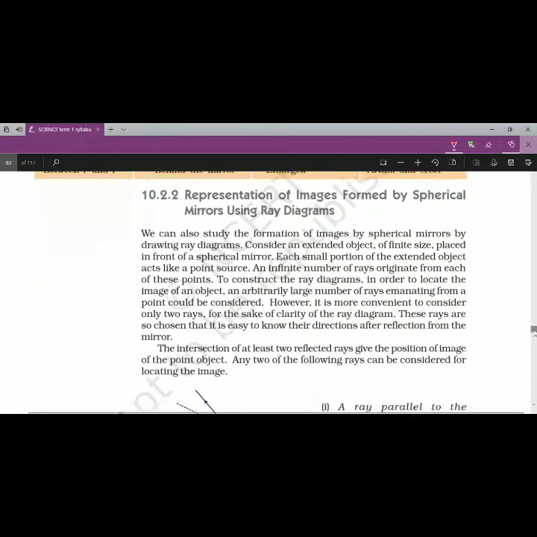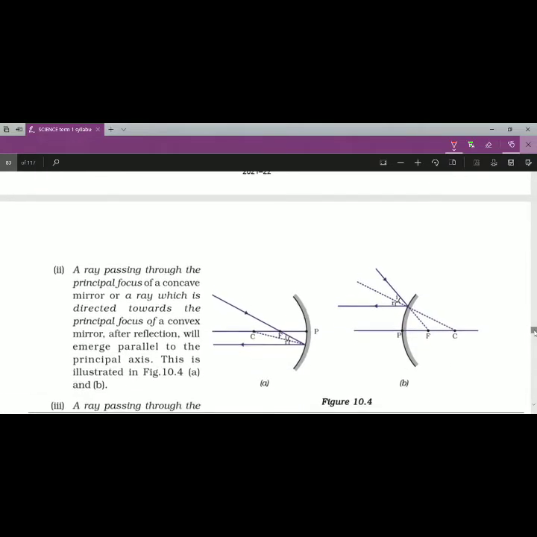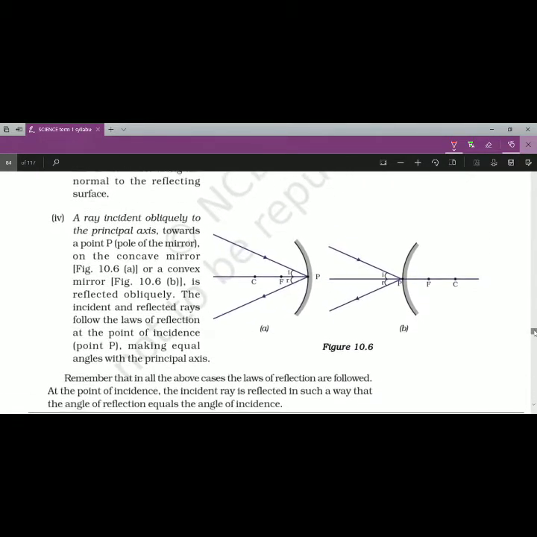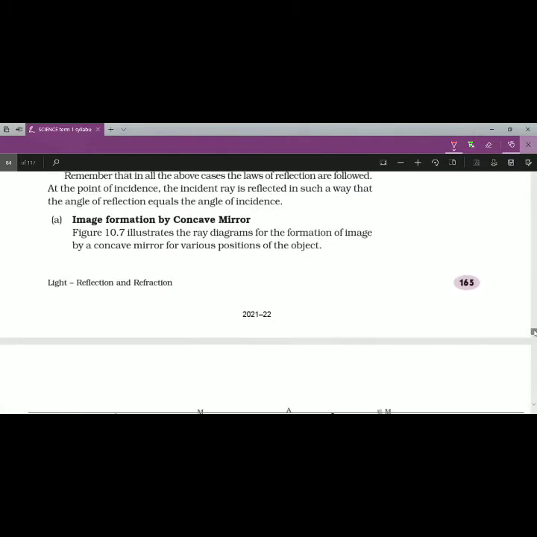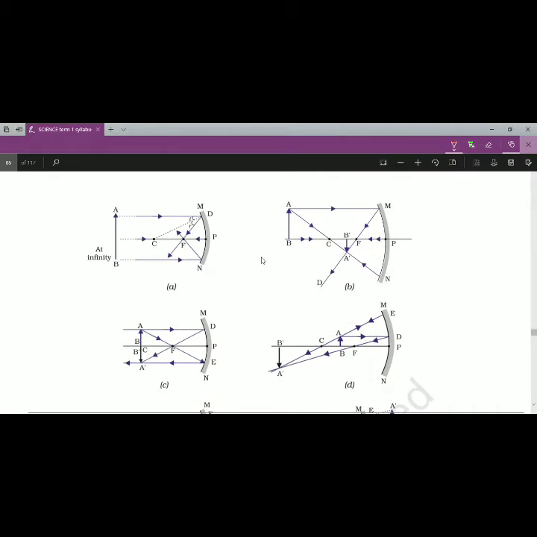What I am expecting from the pattern of CBSE, that multiple choice questions will come. They will not say that draw the ray diagram. You will get in multiple choice question that maybe the ray diagram is given to you and select the ray diagram like this. Or they have just drawn this object, and it is at infinity, we know that, and the image formation is at principal focus.